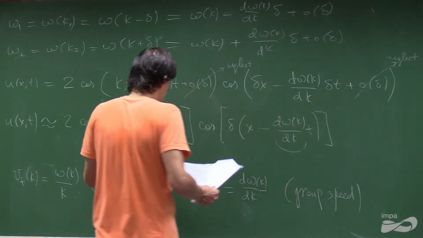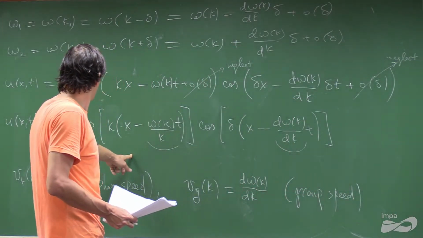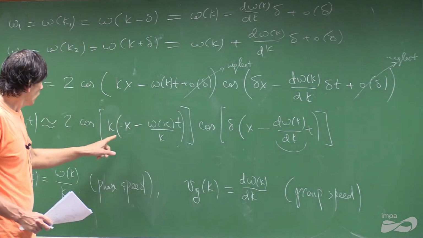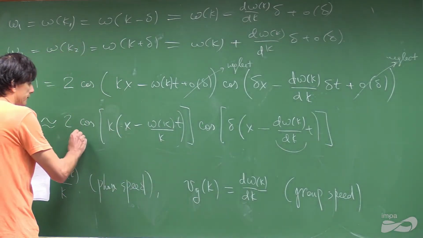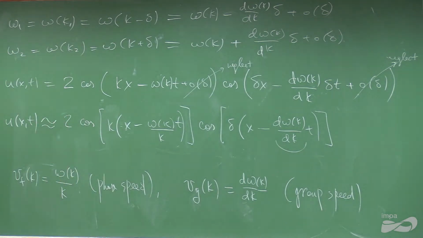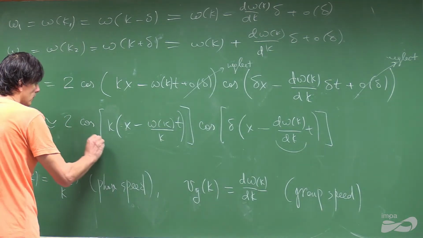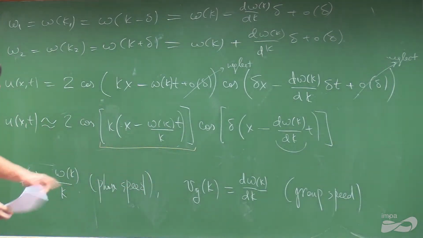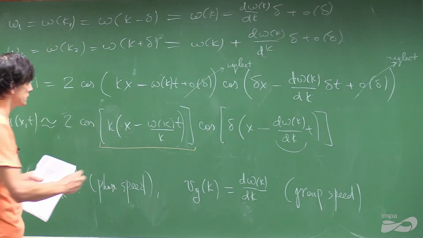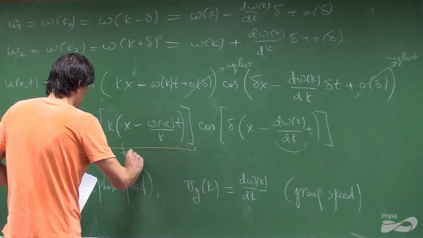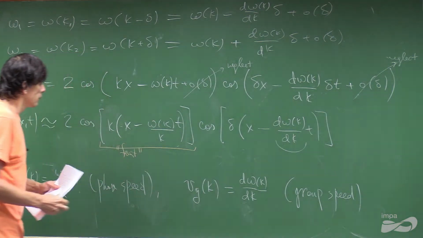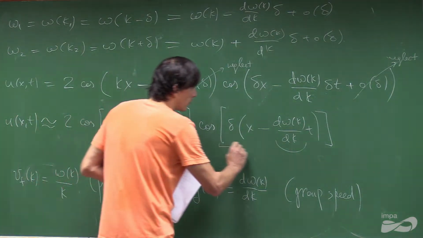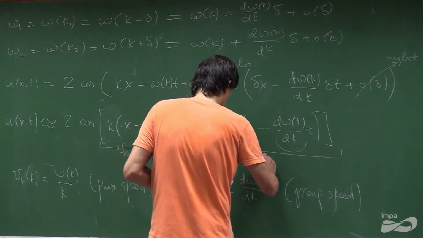So we can plot this function. What you can see is that the first cosine is a fast function. So you have to compare the two arguments.